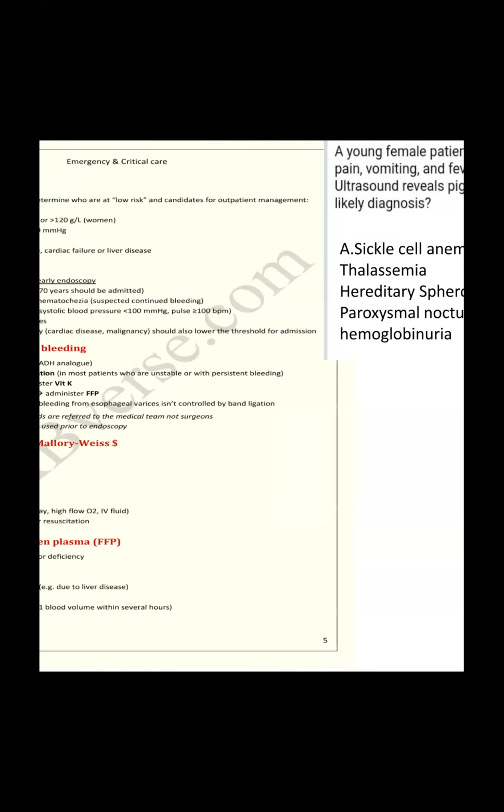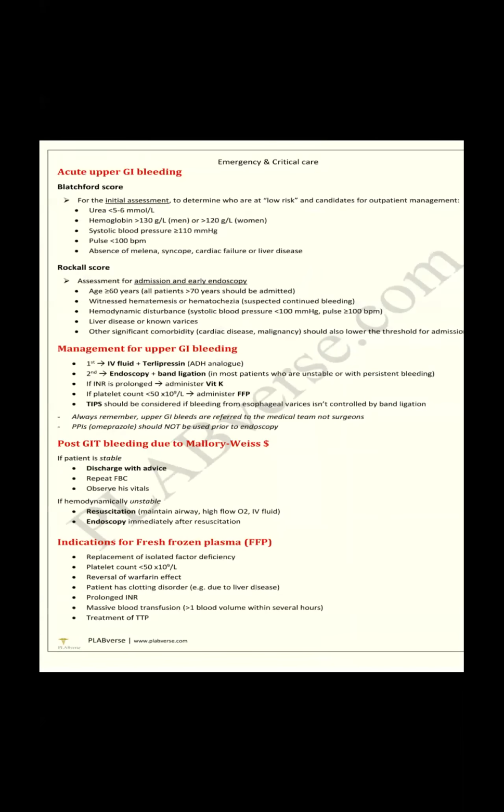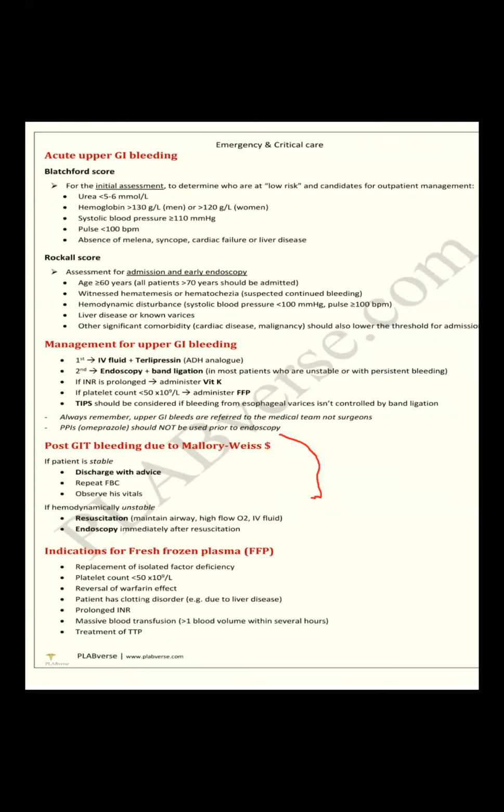Acute GI bleeding, I will discuss in gastroenterology, but shortly the commonly used scores are the Blatchford score, my dear candidates, the Rockall score, and the Ranson criteria, already discussed in pancreatitis.